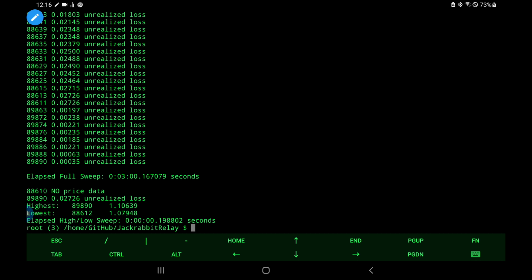Now, unfortunately, collecting that kind of data is going to affect both types of strategies. So even the high-low process is going to be affected by the API calls. So instead of 0.19 seconds, it will in fact be 50 seconds as limited by the API calls themselves.